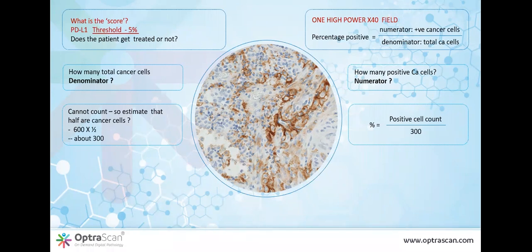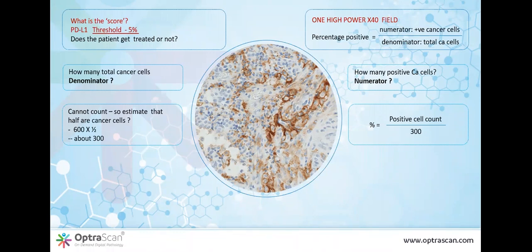In a single high power field, if the cancer cells were packed shoulder to shoulder, exclusively cancer cells, there would be 625. So I've just arbitrarily said 600, and in this particular field, it's obviously not all cancer cells. There's some connective tissue, there's some empty space. So I've estimated half the cells here are cancer cells, and that gives us a number below the line of 300. It's a guess, it's an estimate.